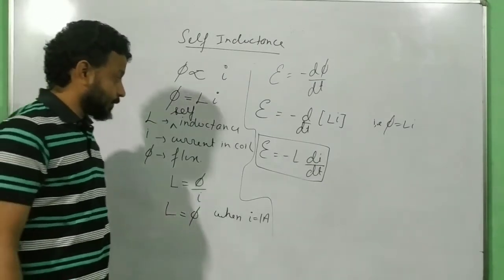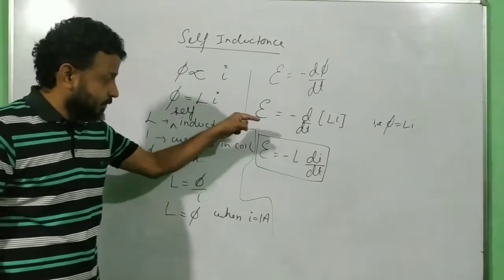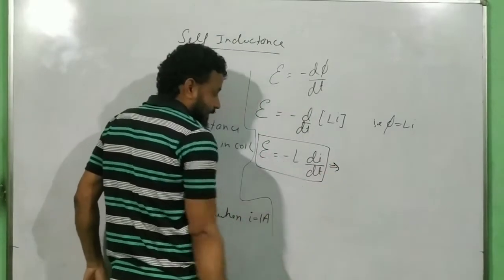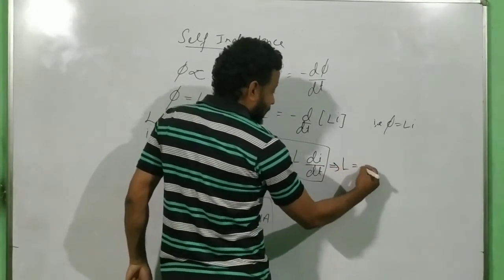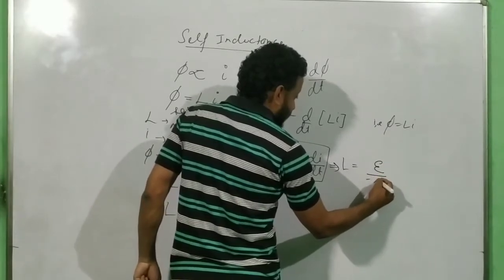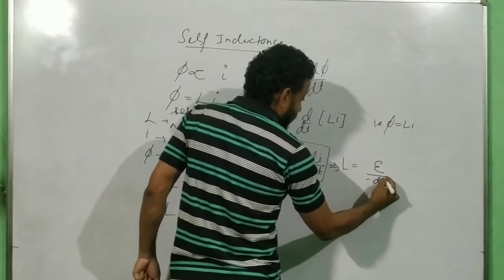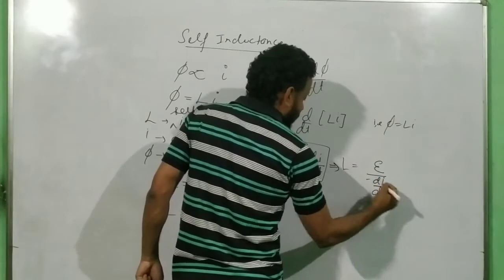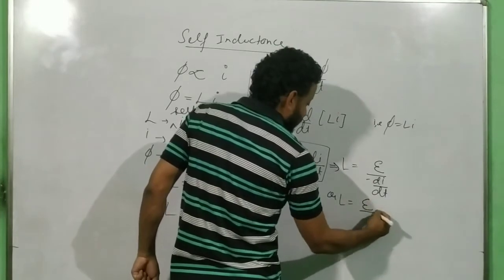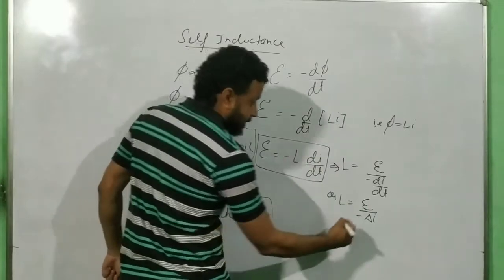So far so good. We can define inductance from this expression also. This expression says L is equal to EMF divided by minus di by dt, or you can also write L equals EMF divided by delta I by delta T.